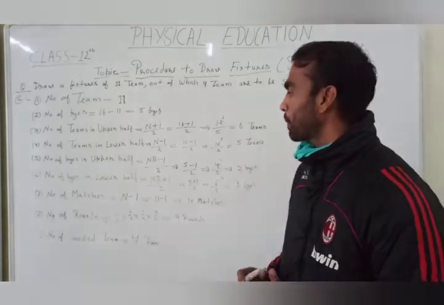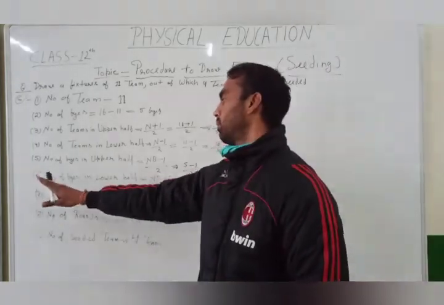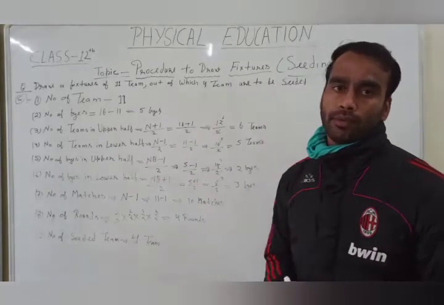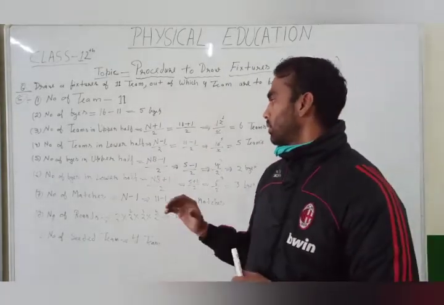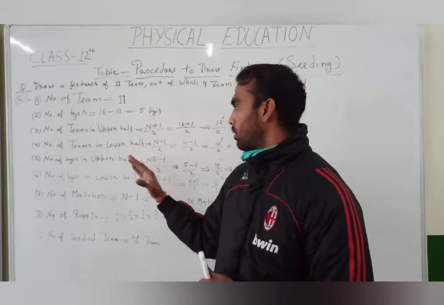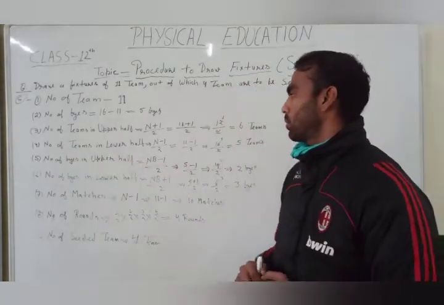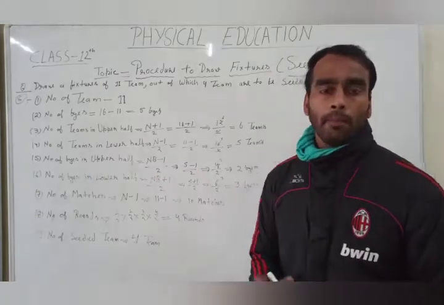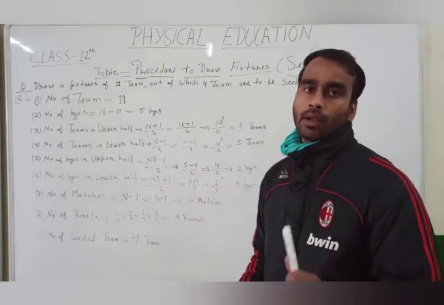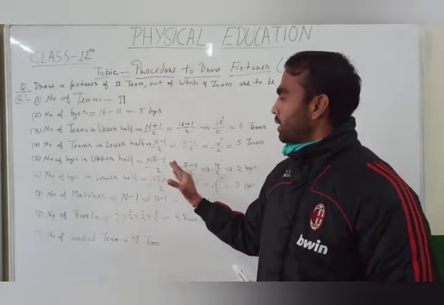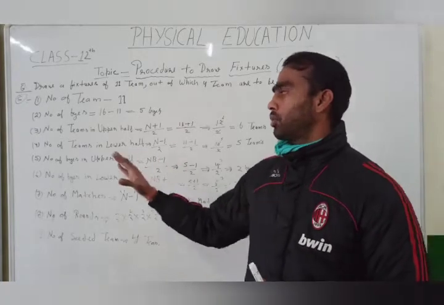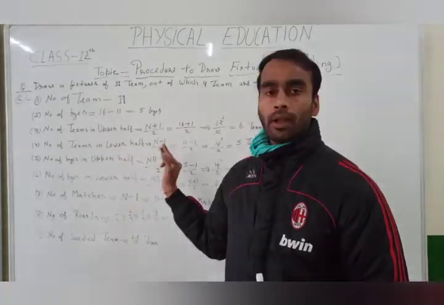Okay class, clear? So step number 5 is the number of byes in the upper half. Sorry class, the formula is (NB minus 1) upon 2 to give the byes in the upper half.